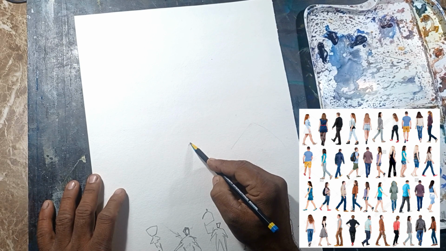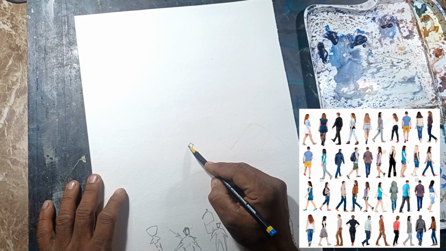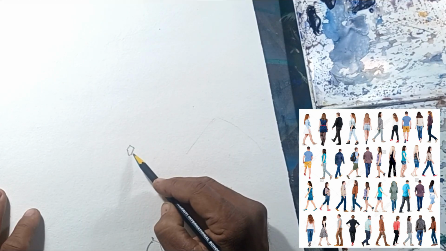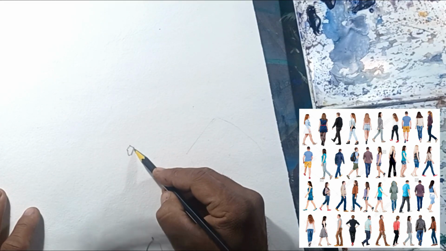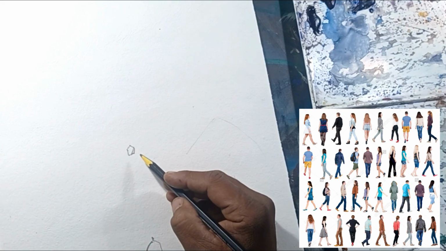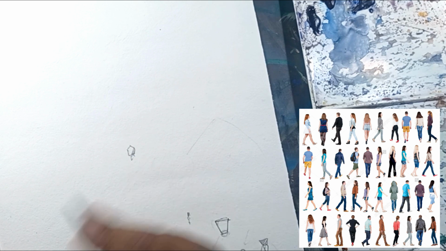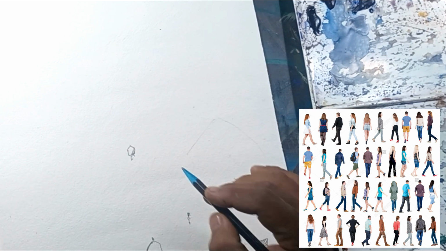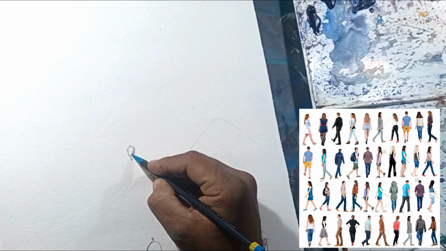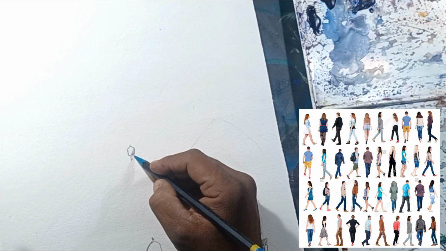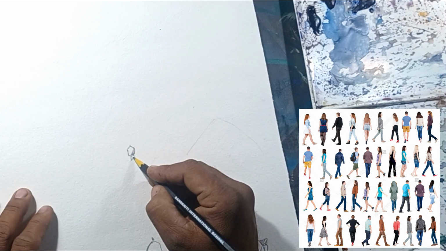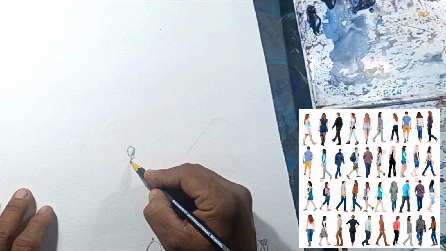First of all, the head. The head is not actually a circle. You have to understand that it looks circular, but it is not a circle. It is made out of continuous edges, like a hexagon or a pentagon, mostly a pentagon, or you can take a quadrilateral also.